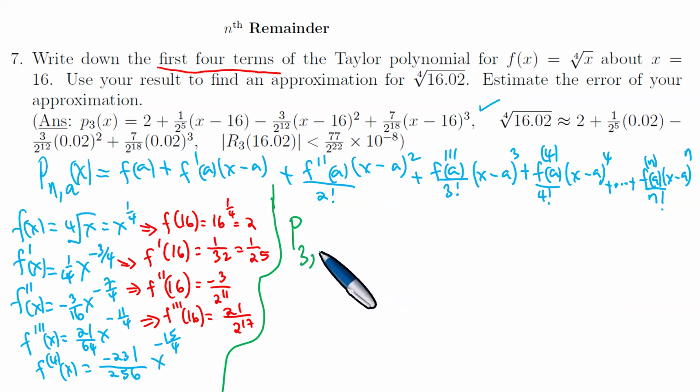P3, comma 16 of x, because it is about x equal to 16. What is f at 16?